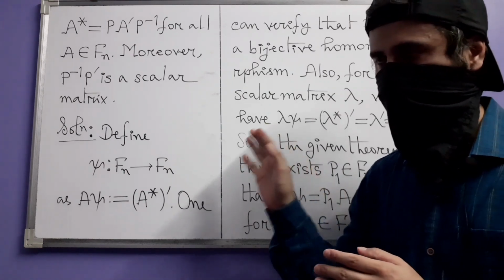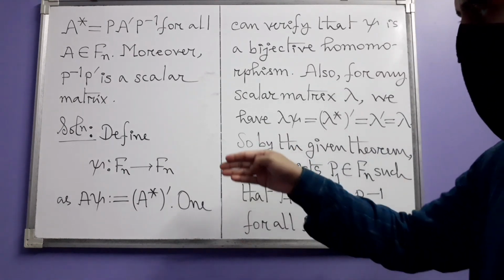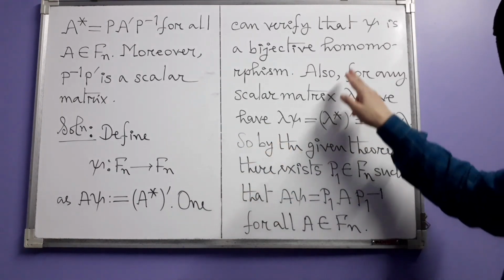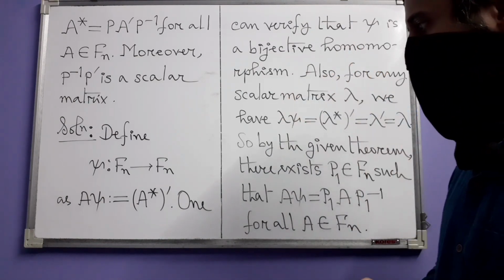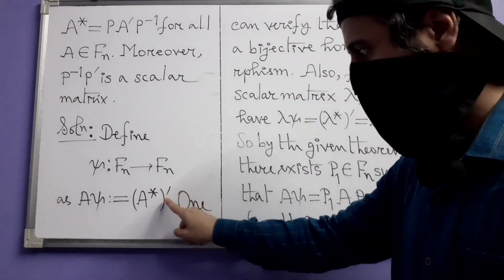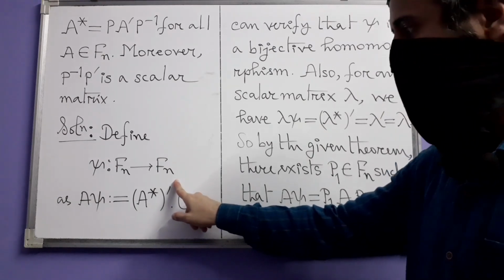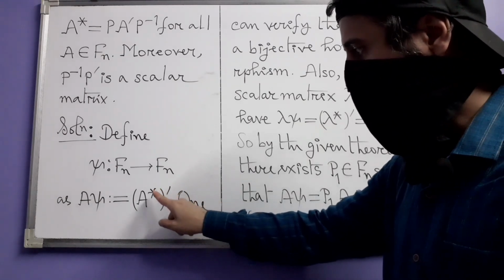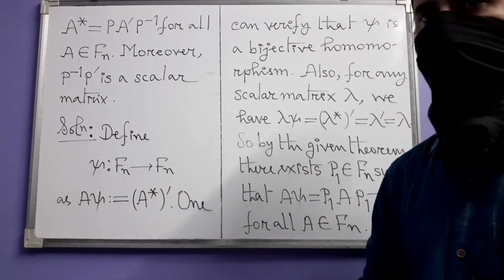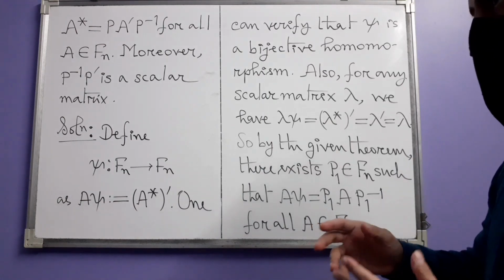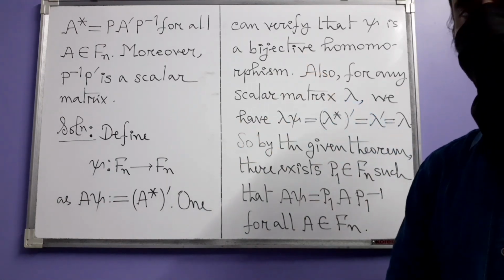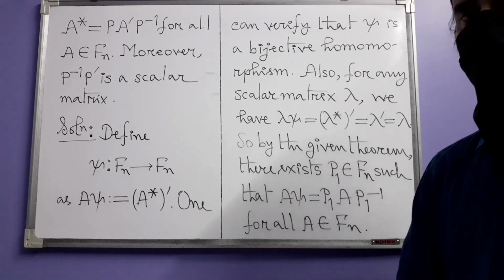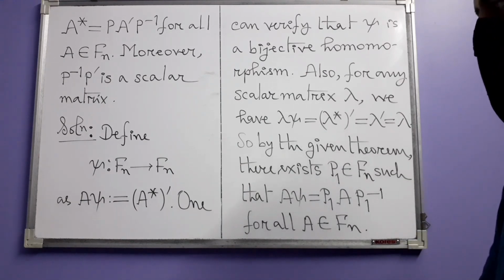So you proceed exactly like that to show that this psi is also a homomorphism, and using properties of transpose and the conditions in the definition of a general adjoint star, it's a very easy task to show that psi is bijective. Alright, so that means psi is a bijective homomorphism now.